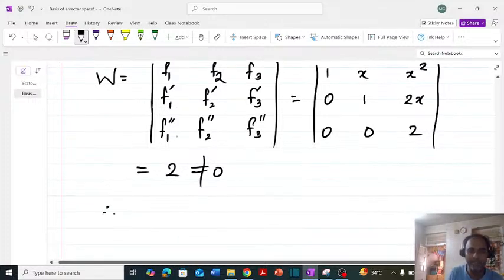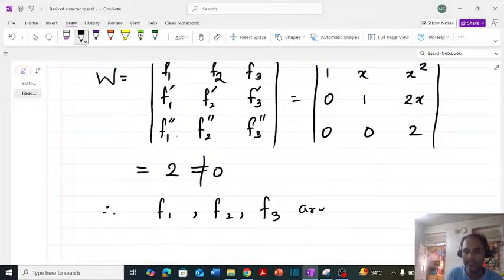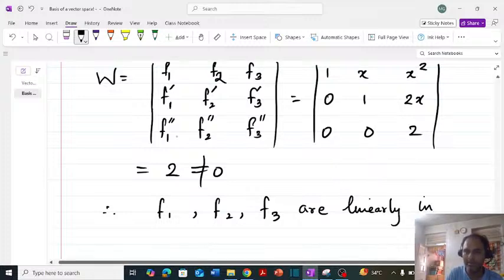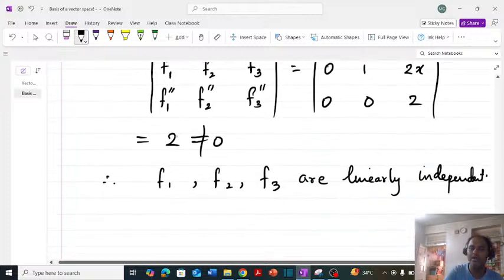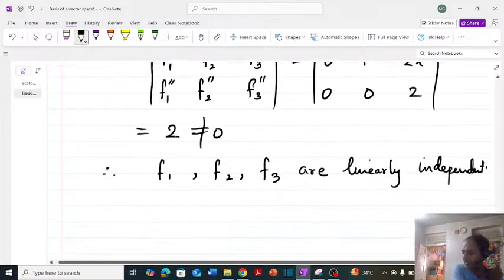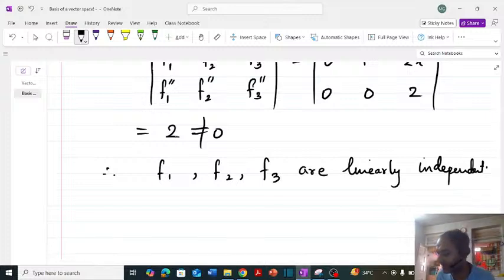Therefore we say that f1, f2, f3 are linearly independent. And they are 3 in number, so they will also form a basis of the polynomial space. Did you understand this?